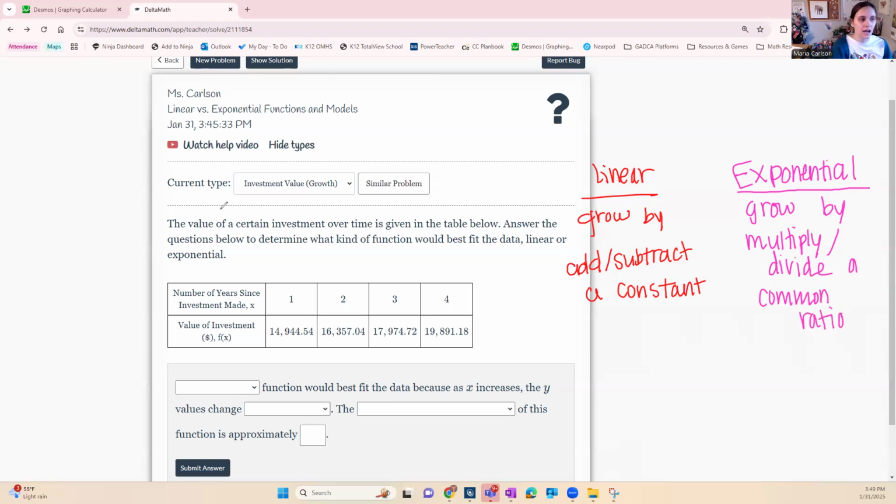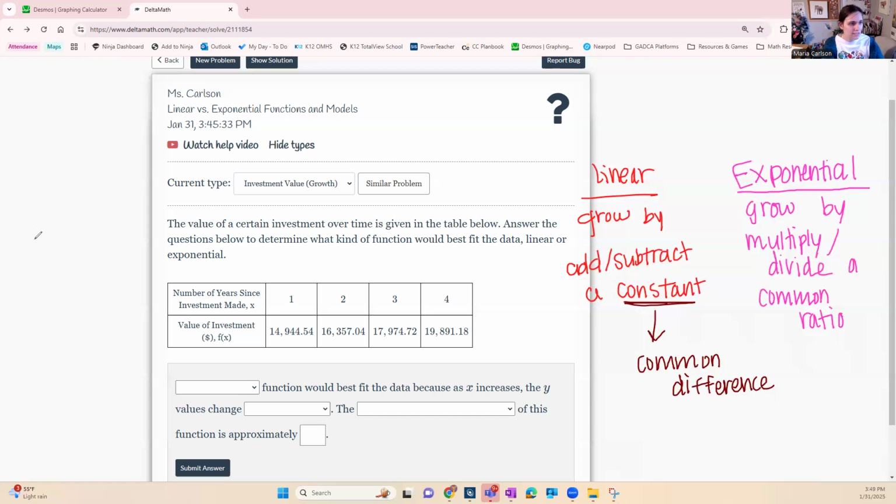Now, oftentimes this constant is referred to as the common difference, whereas what you are multiplying or dividing by, that is a common ratio.